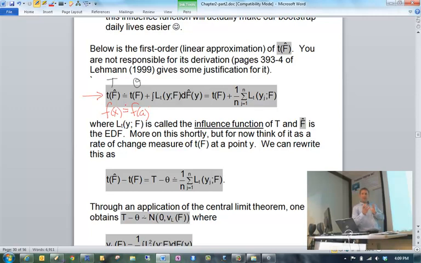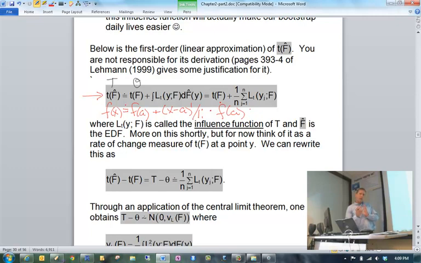That's how it's different from a regular Taylor series expansion. So T of f hat is approximately T of f plus what we often refer to as the first order part of this expansion, x minus a times the first derivative of f of x evaluated at a.